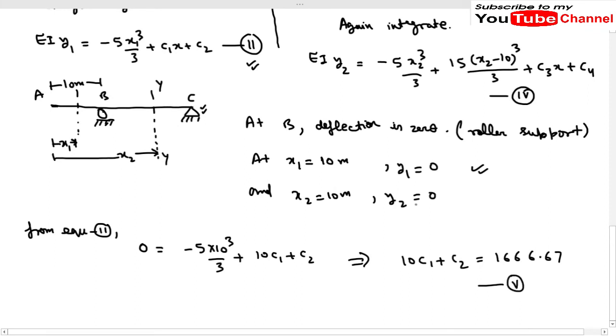Now the other boundary condition is at x2 equal to 10 meters, y2 is 0.